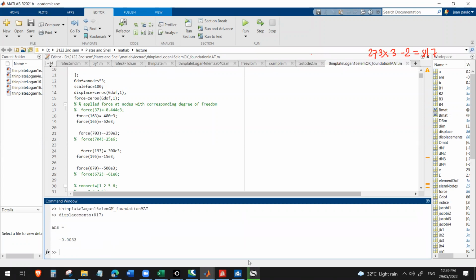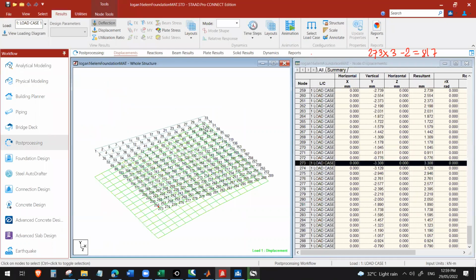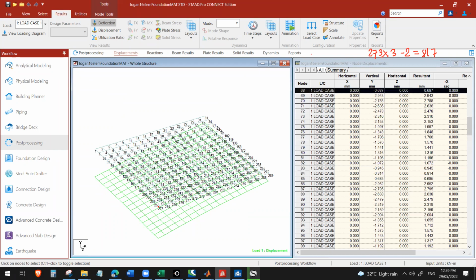Okay, how about itong pinakamaliit. So that's only 0.68 millimeters. Node 68. So using the same formula, 68 times 3 minus 2, 202. Let's check.